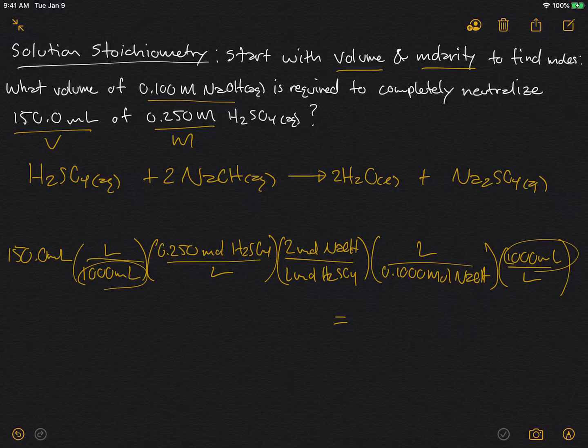We do this calculation, and it's going to require 750 milliliters of 0.1 molar sodium hydroxide to neutralize that amount of sulfuric acid. So that's a typical acid-base neutralization type calculation. You might also see something like that referred to as titration.